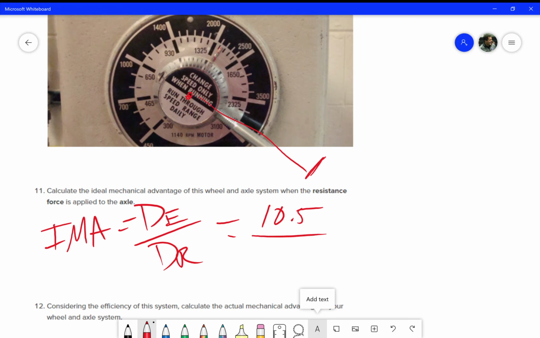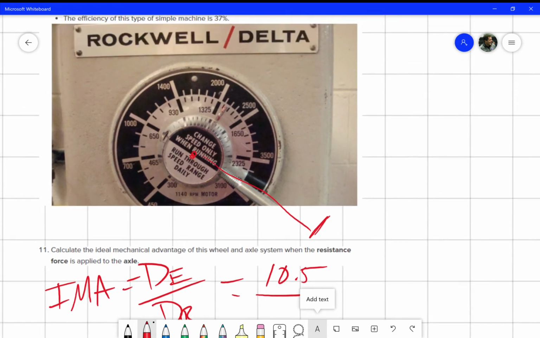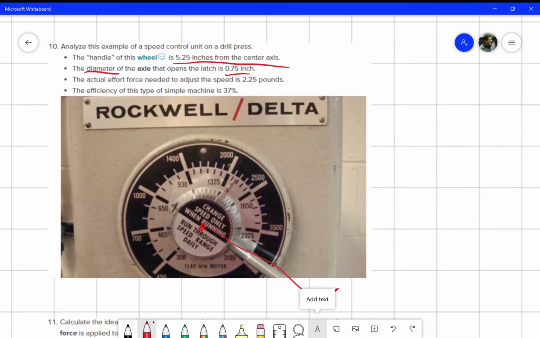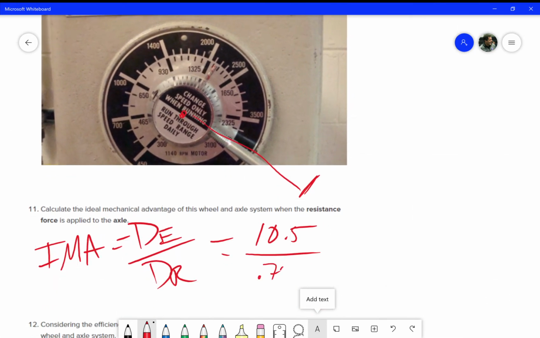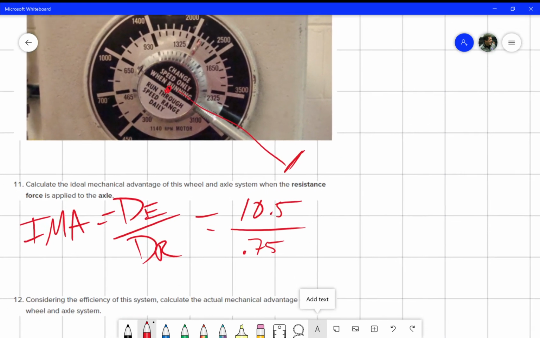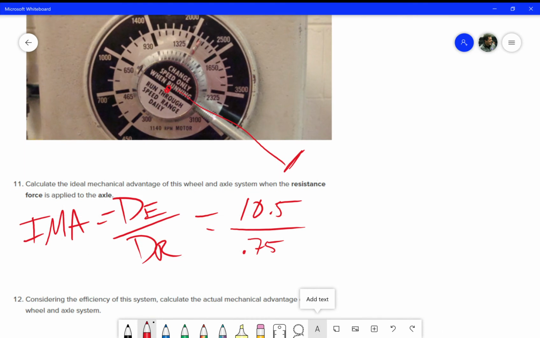Now, underneath that is going to be our dr, which is going to be the 0.75. All right, so again, I had to multiply this 5.25 times 2 to get a diameter so that they're both diameters here. And so I have 10.5 divided by 0.75, which gets me an answer of 14 for my IMA.